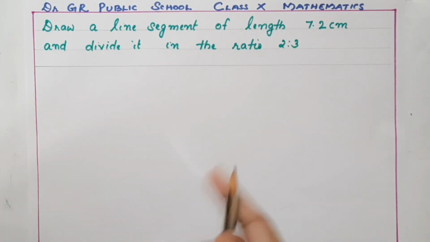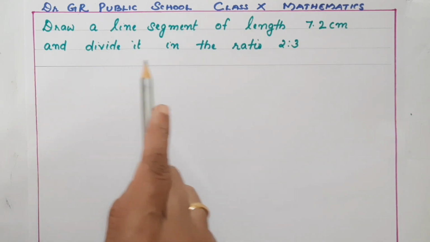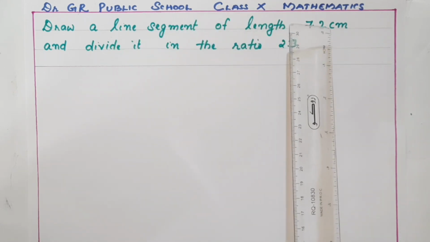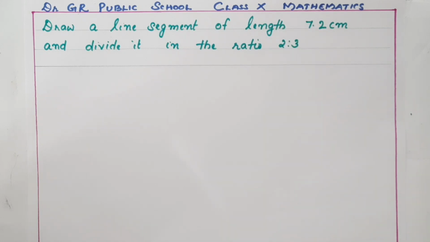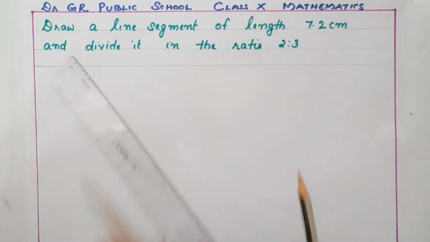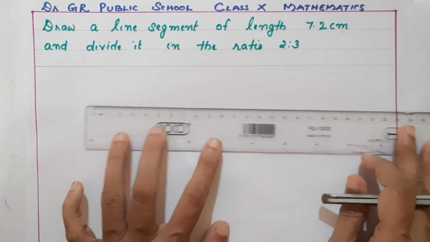Draw a line segment of length 7.2 centimeter and divide it in the ratio 2:3. So we have to start with the line segment of length 7.2 centimeter. So first I am going to draw a line segment of length 7.2 centimeter.